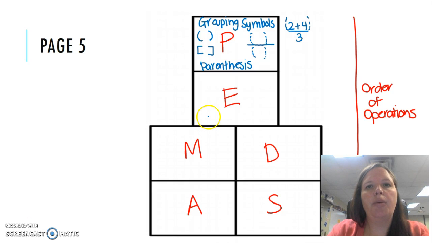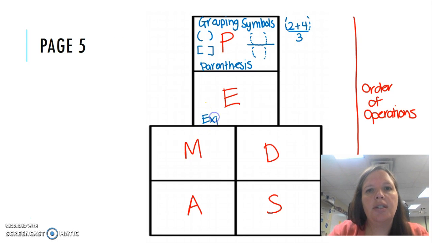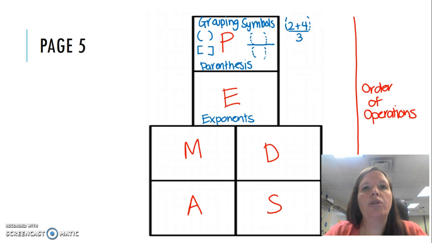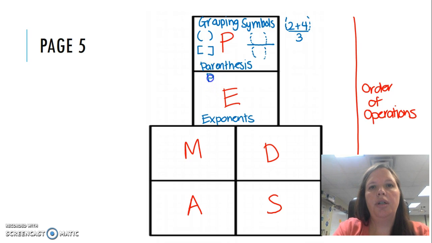Second place we want to go, once we've taken care of the grouping symbols, is we want to go to exponents. Now, again, there's more to it than just, okay, start doing exponents. Exponents can also include roots.